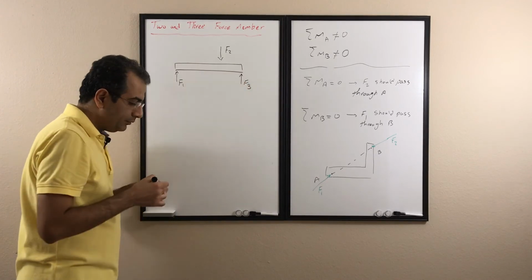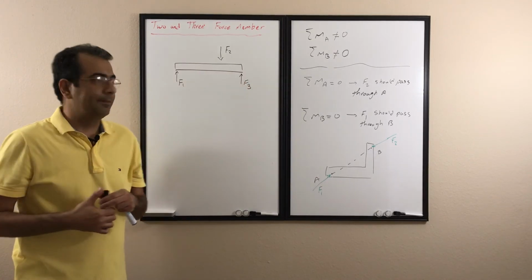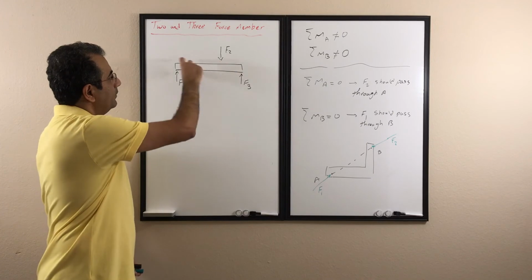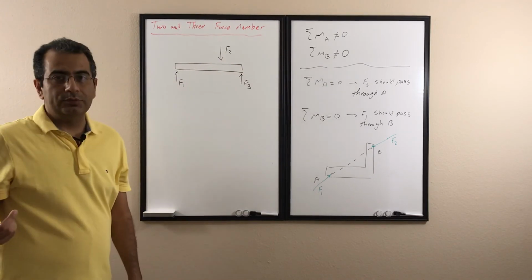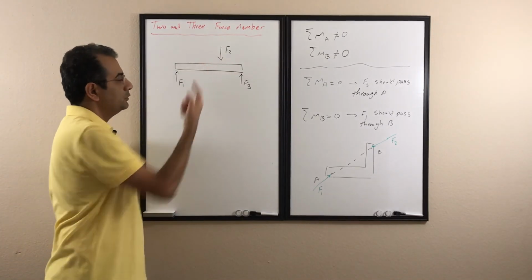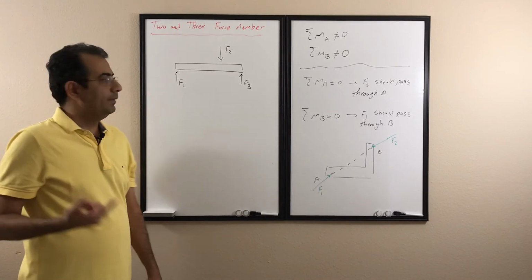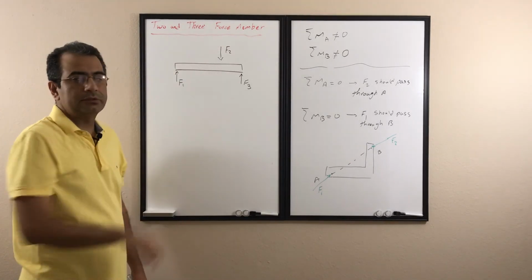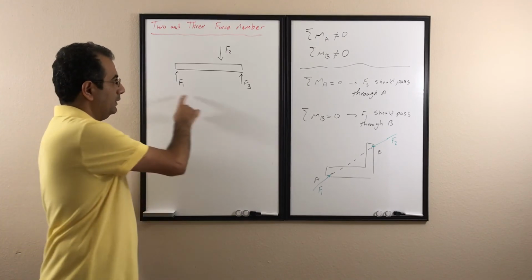The first condition for an element with three forces to be in equilibrium is that all the forces should be parallel, and also they should cancel each other.